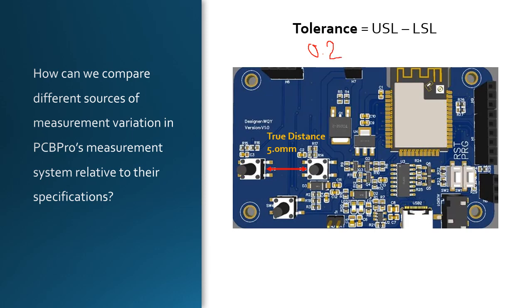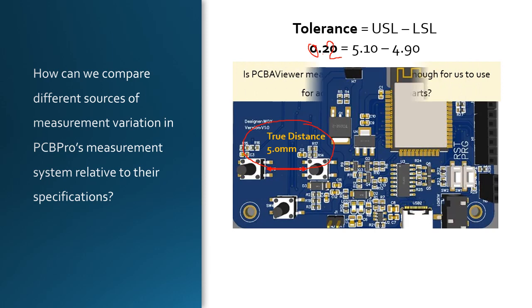So if the true distance between components is 5 mm, then the lower specification limit for the part is 4.9 mm and the upper specification limit is 5.1 mm. So is the PCBA viewer measurement tool good enough for us to use for accepting or rejecting parts?